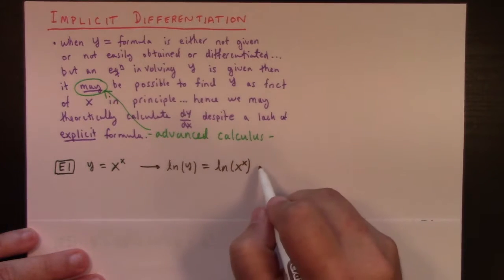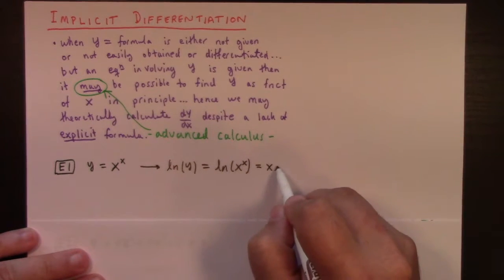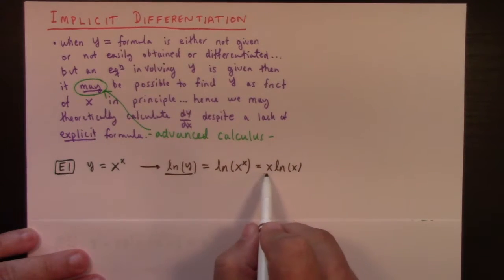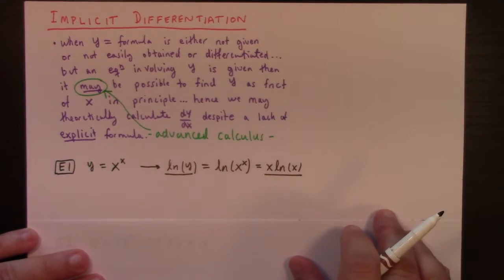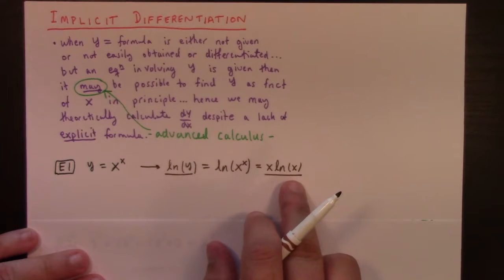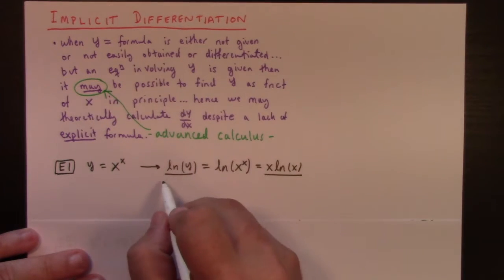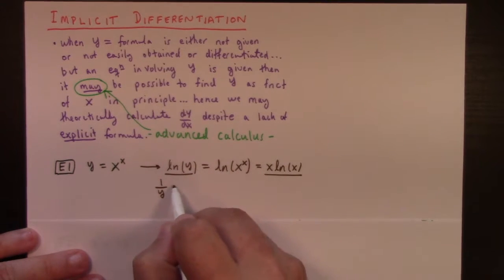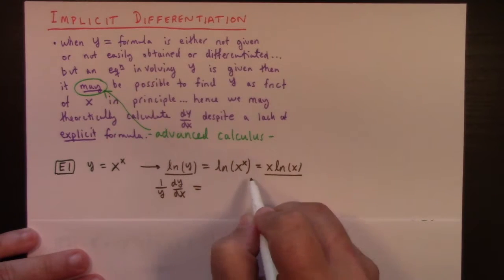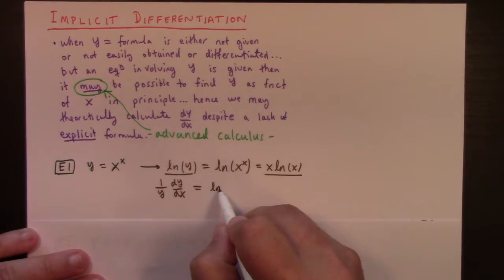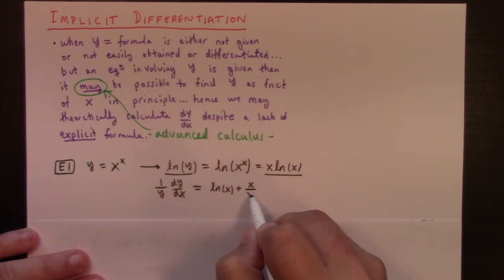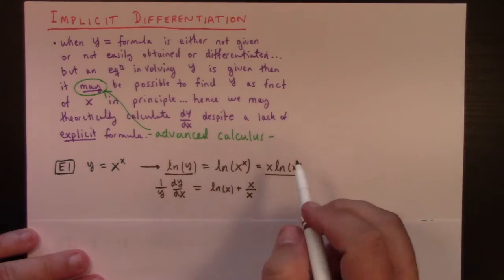But we know our properties of logs, so that's x ln x, right? Now I have an equation which involves y and x in this way. So I differentiate implicitly, both sides, with respect to x. That gives me 1 over y, dy/dx, equals the natural log of x plus x over x by the product rule.